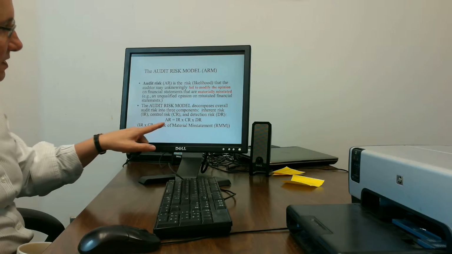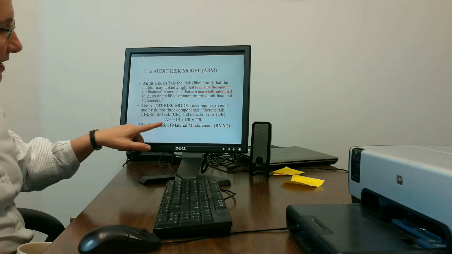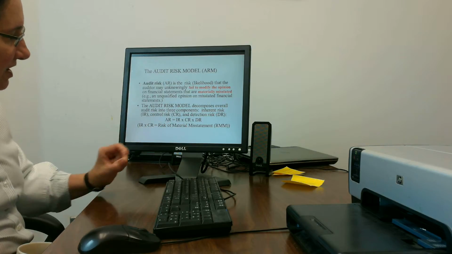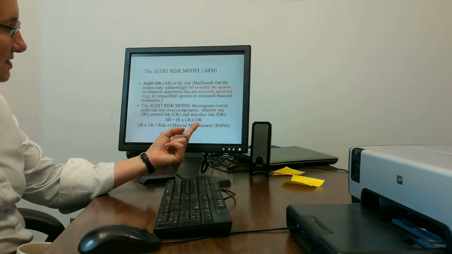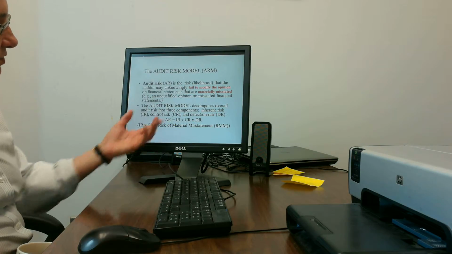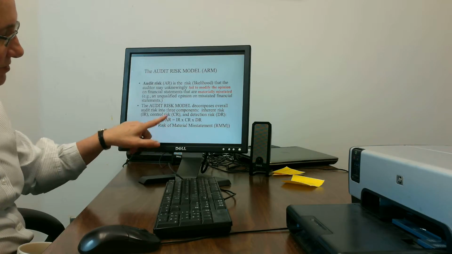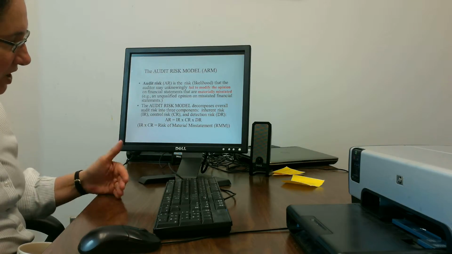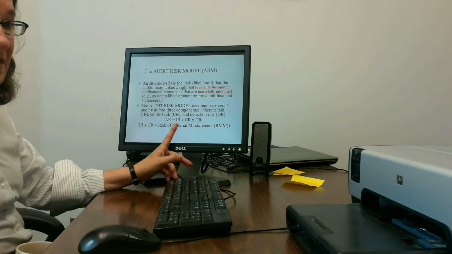So the risk of unknowingly giving a bad opinion is a function of inherent risk times control risk times detection risk, right? So when we go on an audit, in order to keep audit risk low, as an auditor, I do several things. The first is I understand inherent risk.